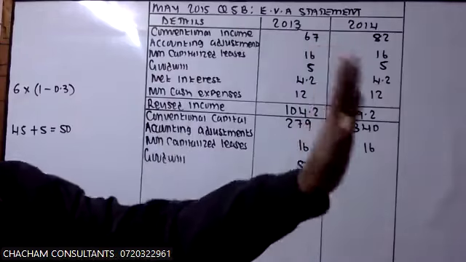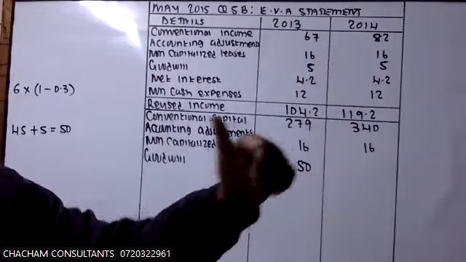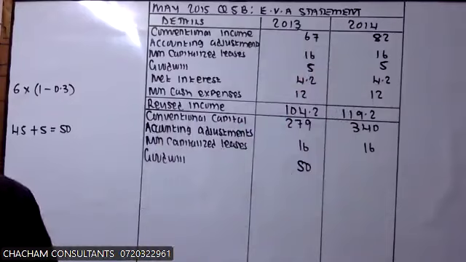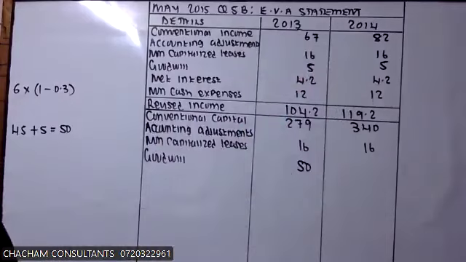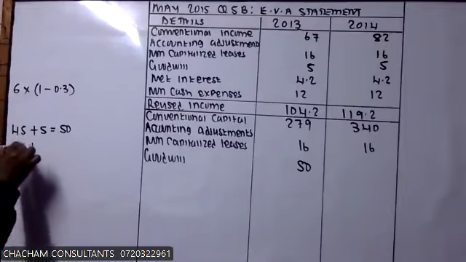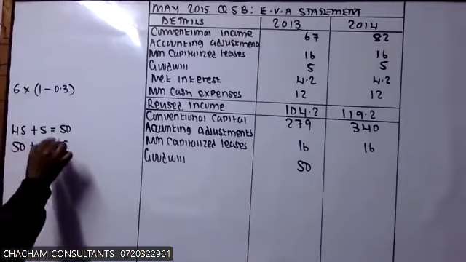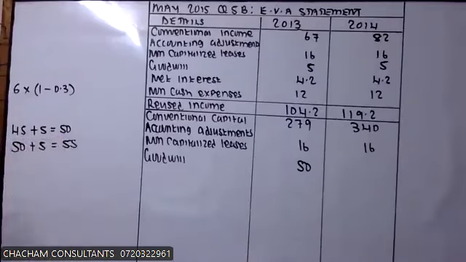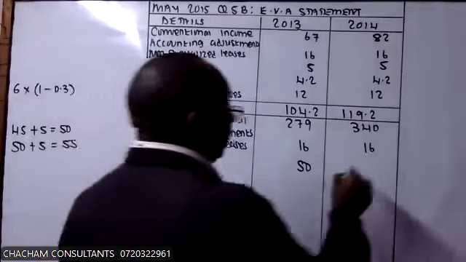Unaleta hiyo walikuwa wametoa kitabo plus sasa hii. Then you do the same for the next year. 50 plus 5. So unaleta hiyo 55.